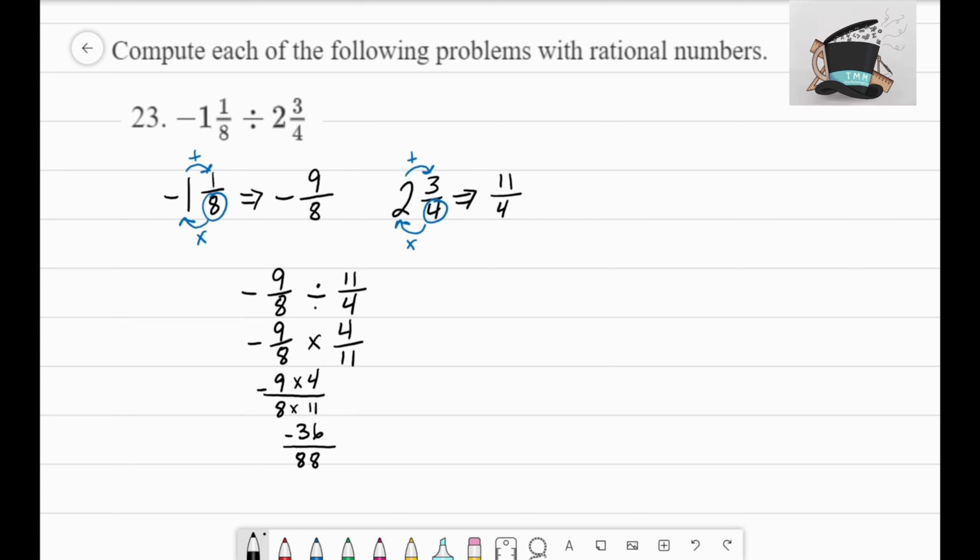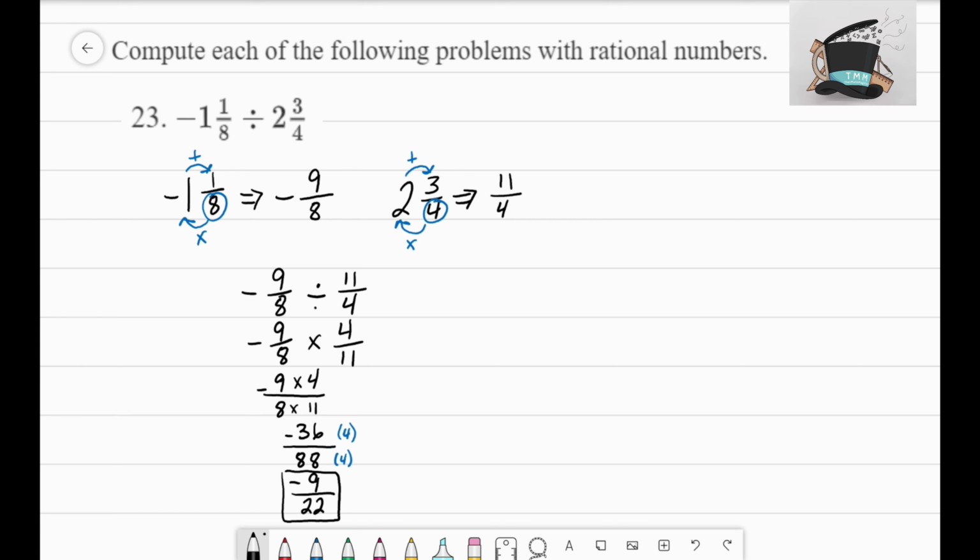We always want to reduce. I believe 4 goes into both the numerator and the denominator. If I take a 4 out of this, that becomes -9 over, and if I take a 4 out of 88, I end up with 22, and our answer is -9 over 22.